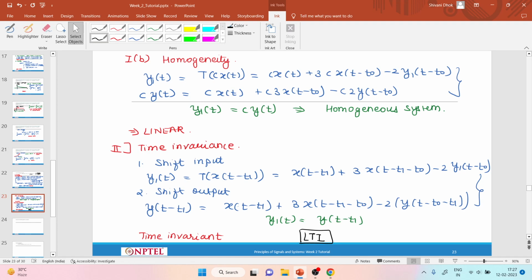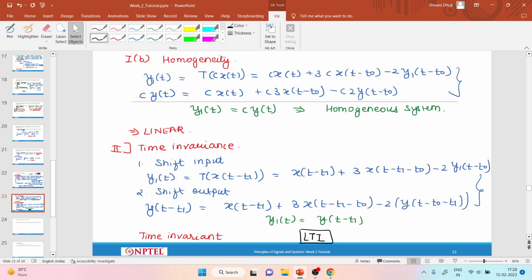Excuse me. In the first equation, when we shift the input, the output does not have the last term, that is minus 2 y of t minus t0.